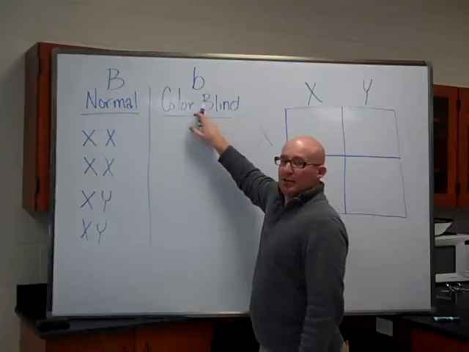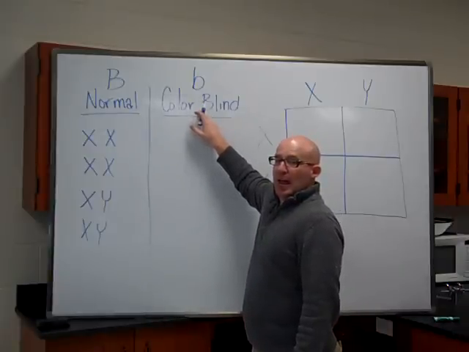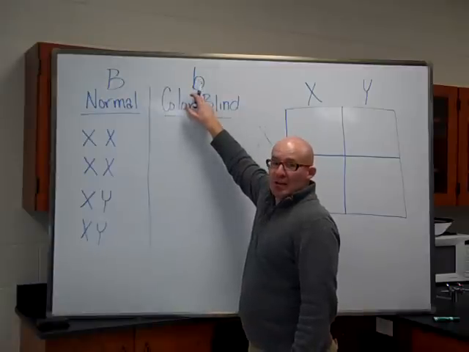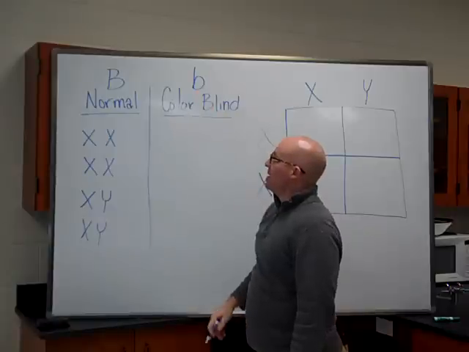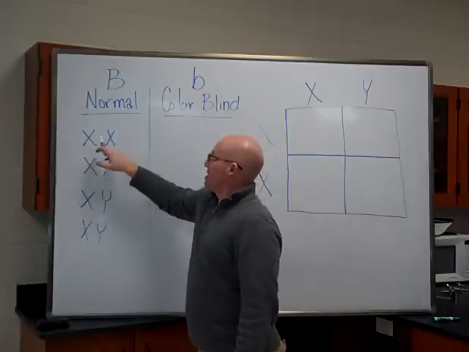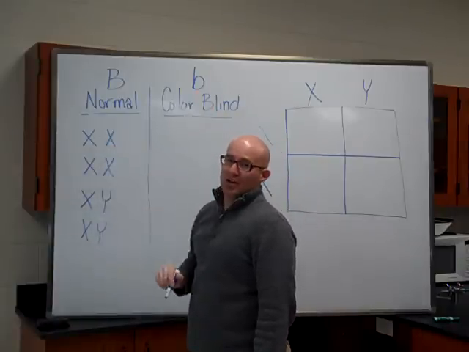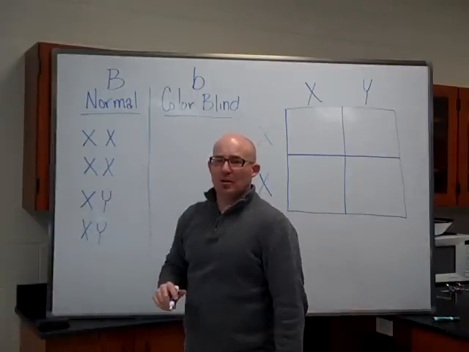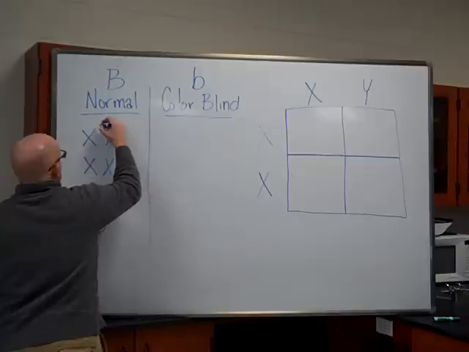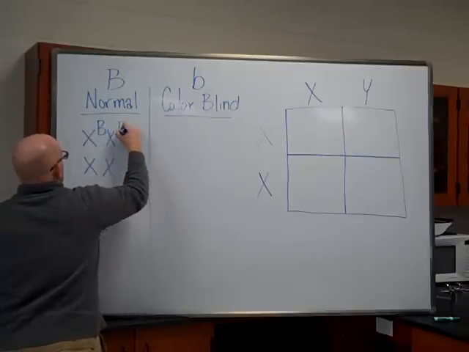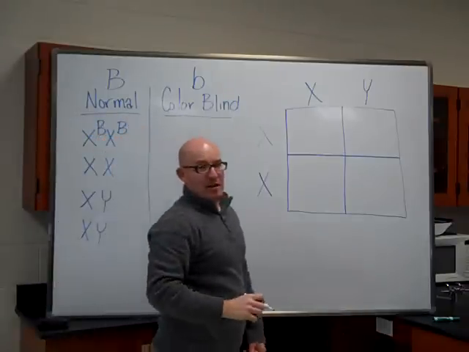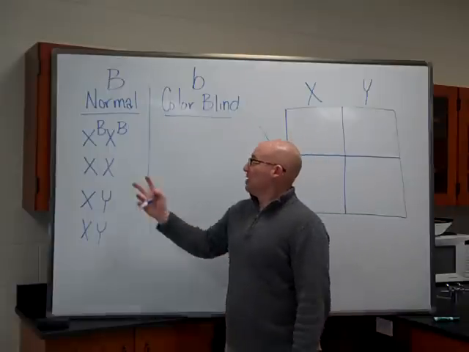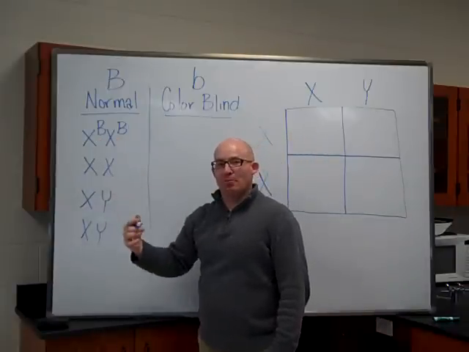Being colorblind would mean that you need to have the little b genotype for the trait. A female, since she has two copies of X, will have two copies of the gene. So if she's normal, there are two possible genotypes for her. She could be X big B, X big B, basically homozygous dominant.